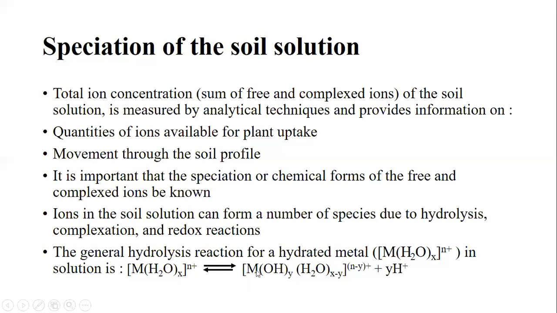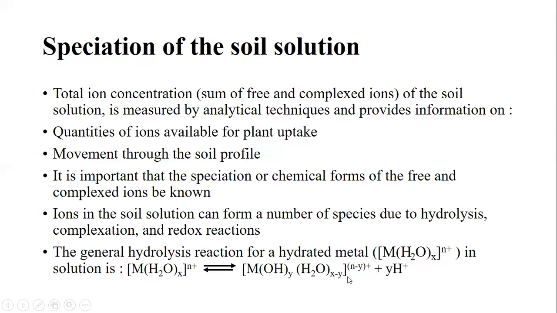Now, the number of OH that this metal attracted is Y. This Y replaced some of the X's, right? We have X H2O. Some of this X was replaced by a certain number of OH, and that number is Y. So how many H2O remain?